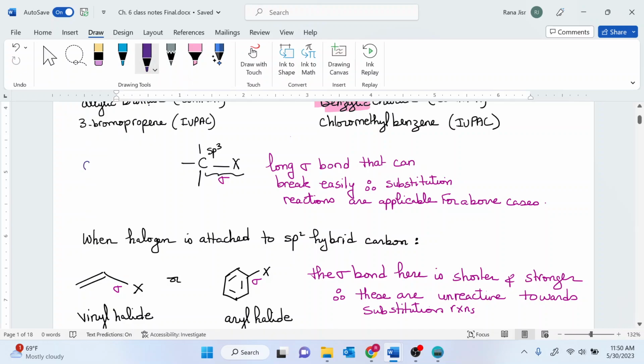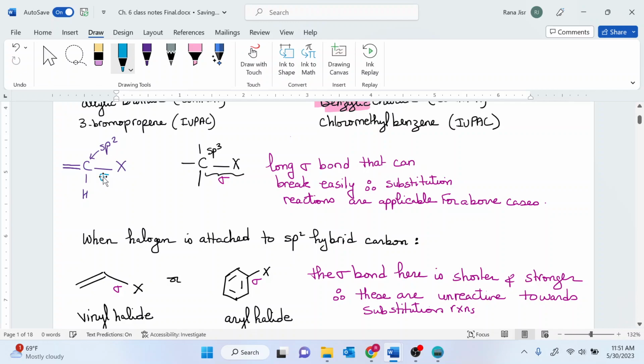Let's say I have a carbon that is connected to a halogen and that carbon is directly attached to a double bond. Then this carbon over here is going to be an sp2 hybrid carbon. Why do we say that nucleophilic substitution reactions only happen with sp3 hybrid carbon and not an sp2? The reason is the length of the sigma bond.